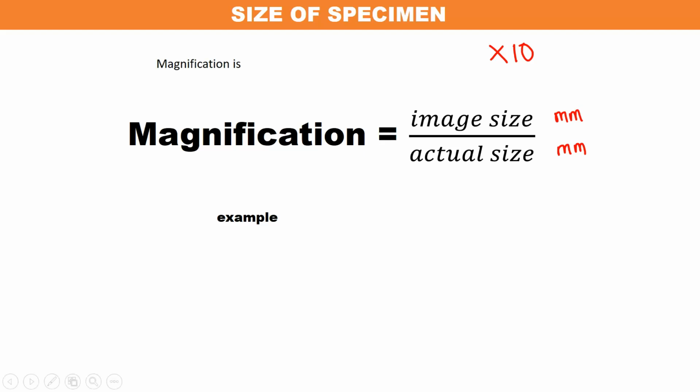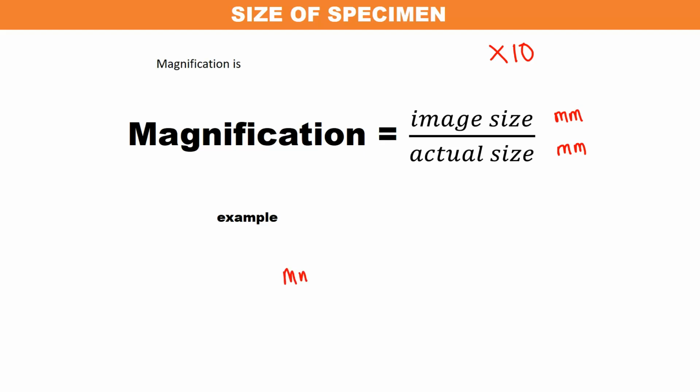Every time you are dividing in terms of magnification, you need to make sure that the units are the same, that is millimeter, not micrometer. Afterward, the answer can be recorded in whatever, though magnification does not have units anyway. So the emphasis is that every time you are dividing, make sure that everything is in millimeters.